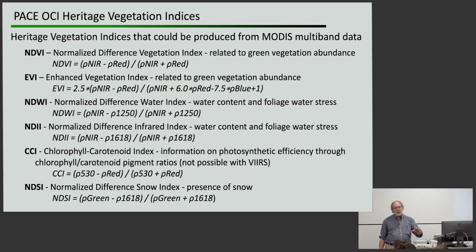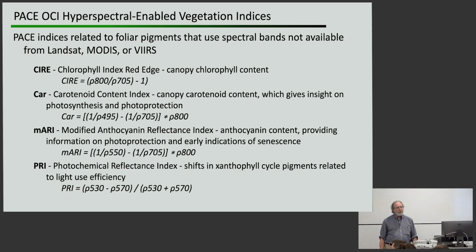But the MODIS ocean bands do. And so we started processing the ocean data to merge with the land data to get that CCI index. And that started me talking to ocean people and getting involved in this. And that's why when PACE came along, I was looking to work on that. But what really excites me about PACE is we have these indices that we could not do with MODIS.